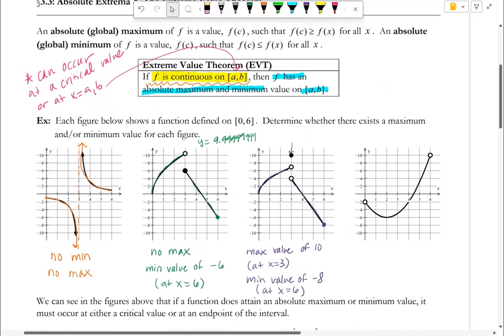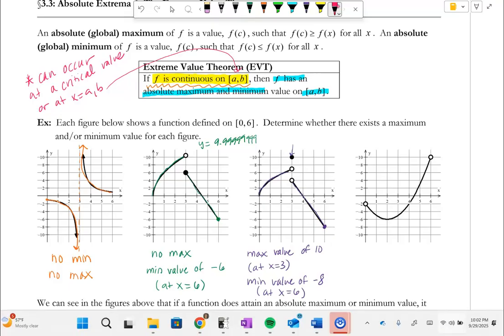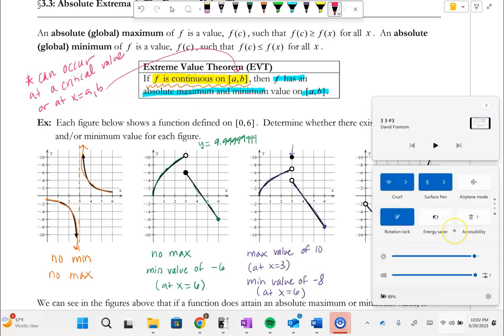It's an output. All right, on this very last example, I notice that even though this function is not continuous at 0 and at 6, the function is otherwise defined on that interval. So again, this function is not going to have a maximum value.